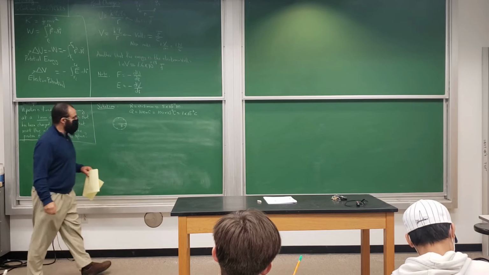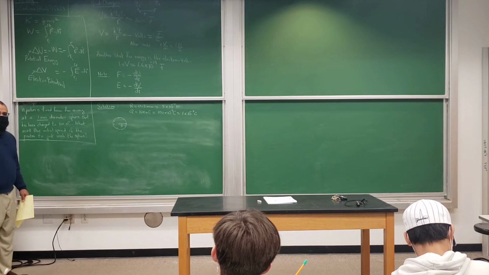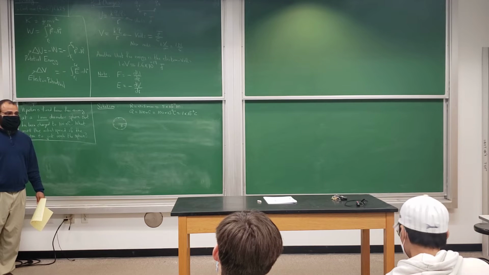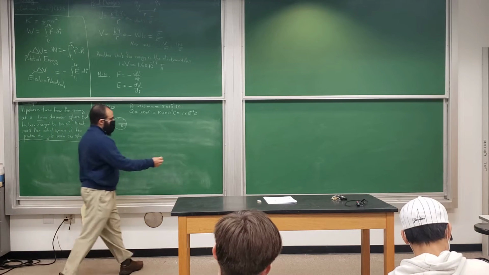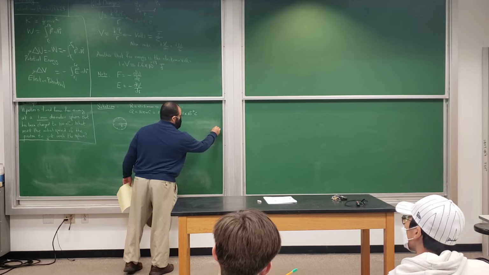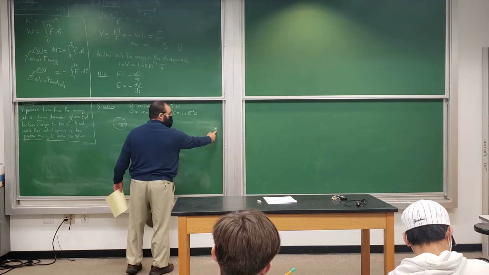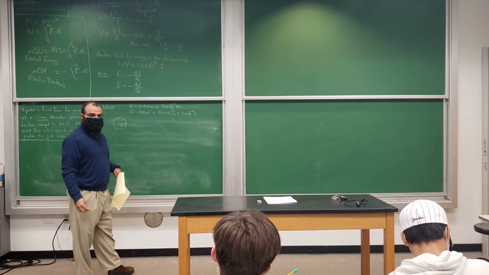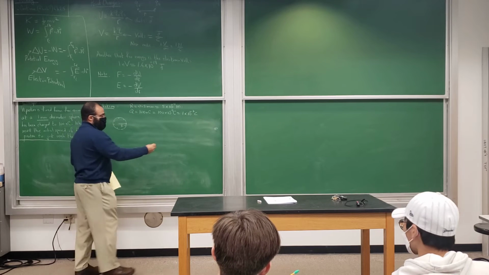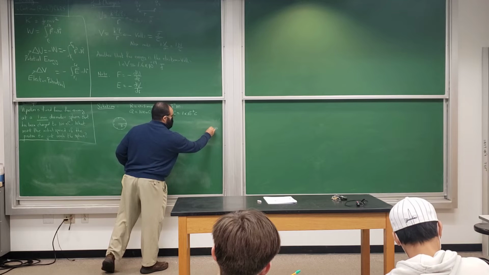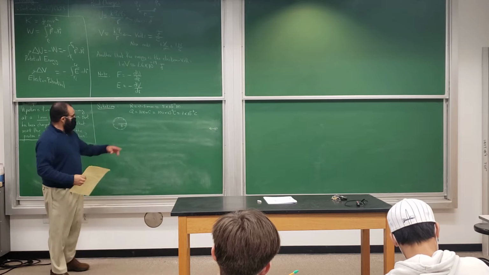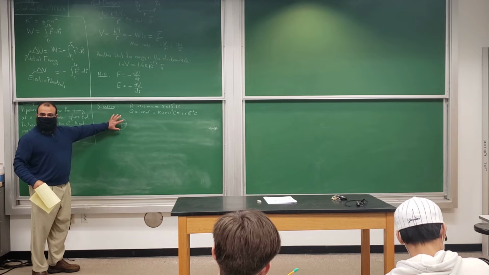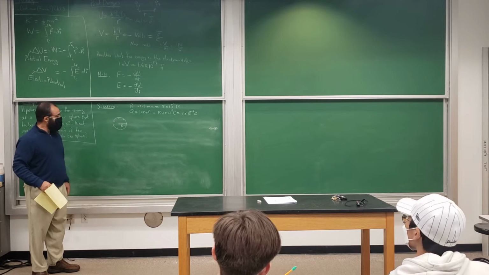Now, is a proton positively or negatively charged? Positive. So let's say I start my proton somewhere way over there, but that's as far as I can go on the board. Basically it's infinitely far away, and I fire it with a certain speed this way. The sphere is fixed and does not move.